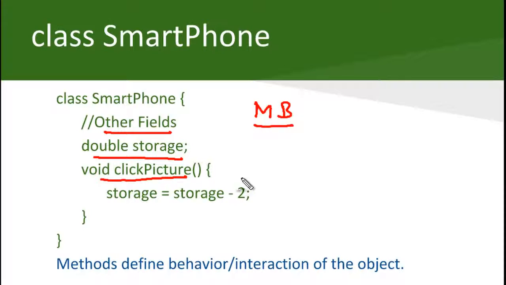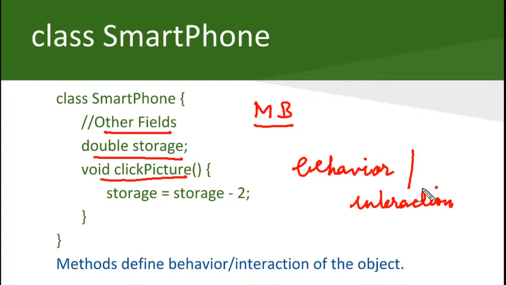Click picture is actually a behavior or an interaction that the object of smartphone will be doing. Now when a picture is clicked, the storage decreases by 2 MB. So when an object calls this method, its storage will decrease by 2 MB.